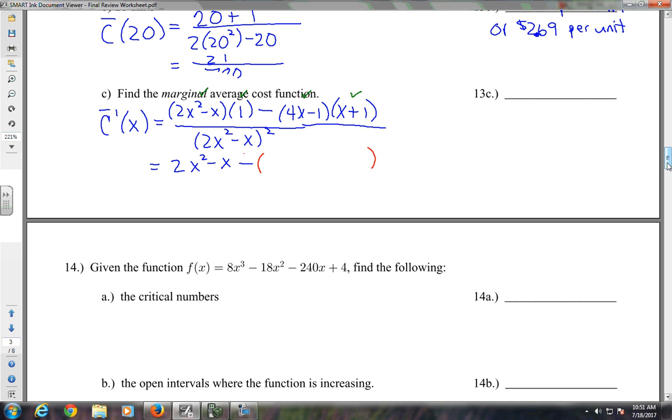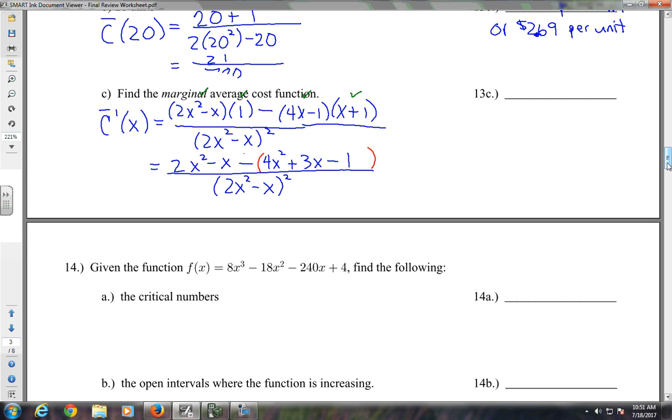Okay, so FOILing these two binomials, 4x times x gives me 4x squared. The outside terms are 4x, the inside terms minus 1x. Those combine to give me a net middle term of plus 3x. And the last terms, negative 1 times 1 is negative 1. Leave your denominator factored, always. It's going to make it easier to reduce later on if necessary.